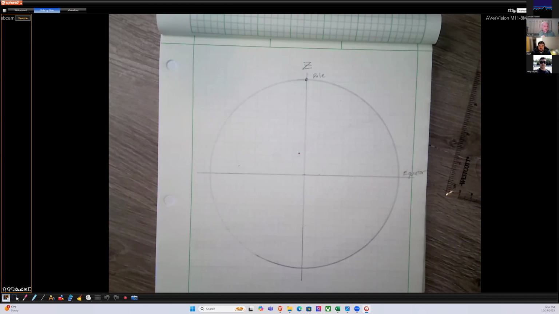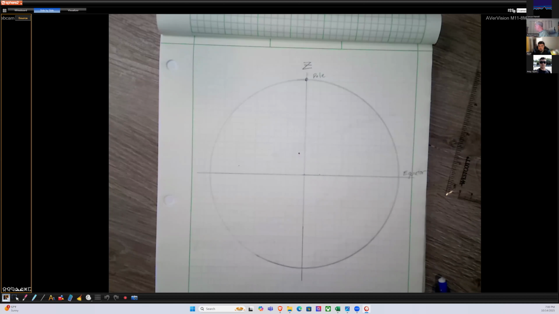So what is the formula that we derived for getting latitude from the XYZ coordinates? Let's do this like we did before.